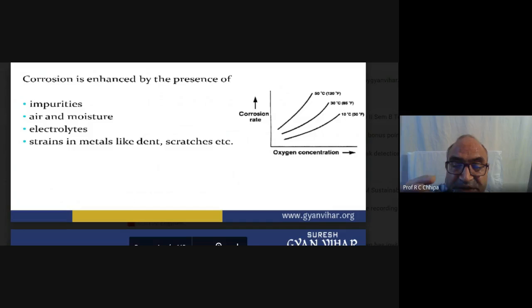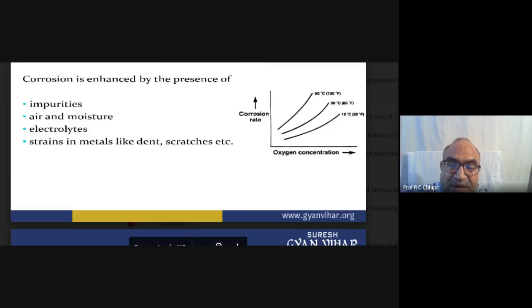In our houses, the windows and sections are made of iron. Iron undergoes the process of oxidation. We can protect it by painting, by coating.